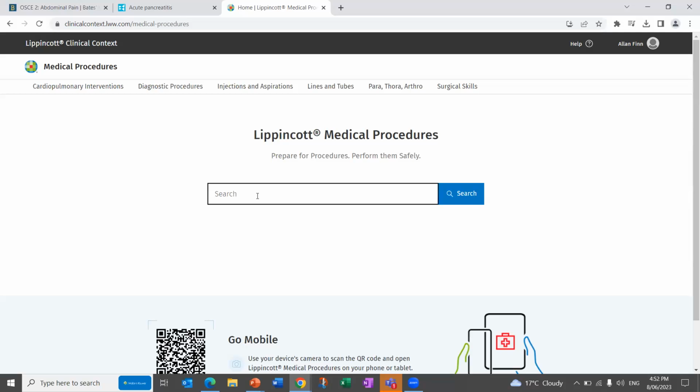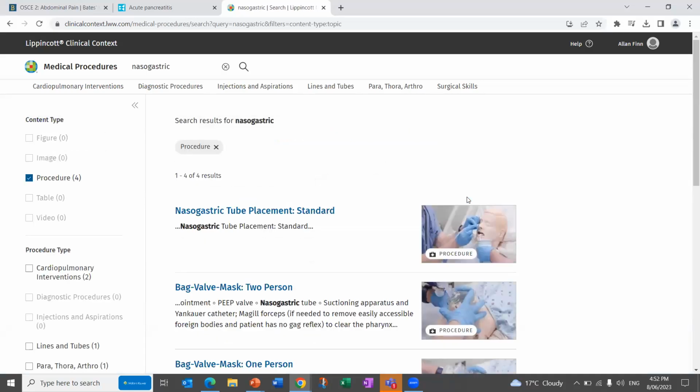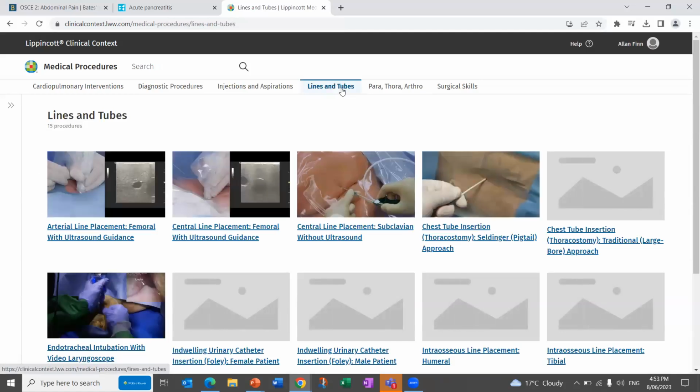We can begin by searching, if we wanted to find out about whether a particular procedure is available within this particular package. So we can begin to open up and see the individual procedures which are a part of this content.